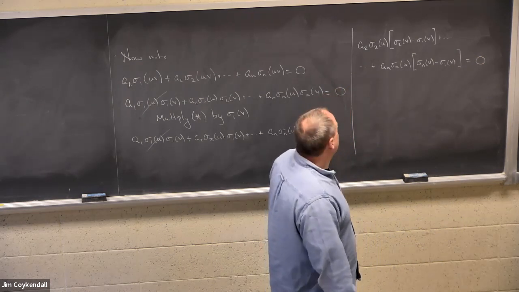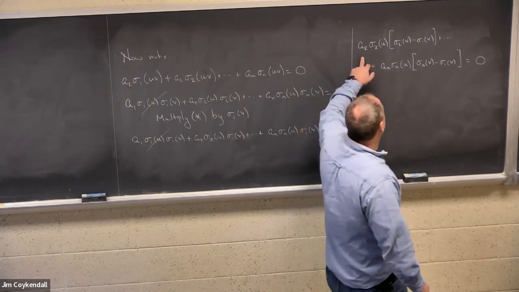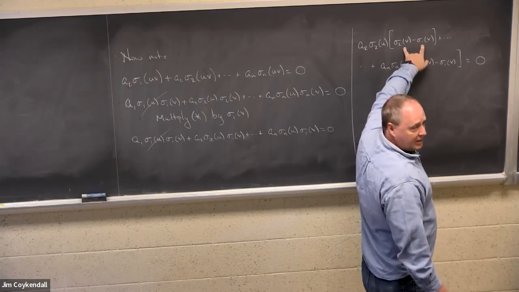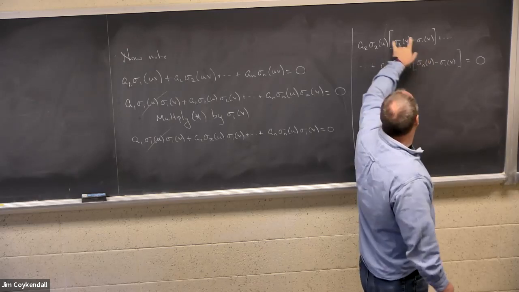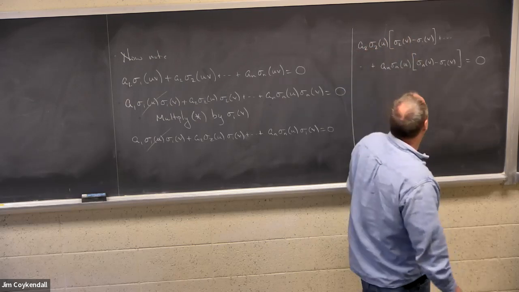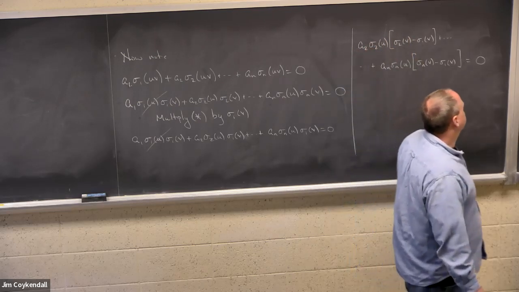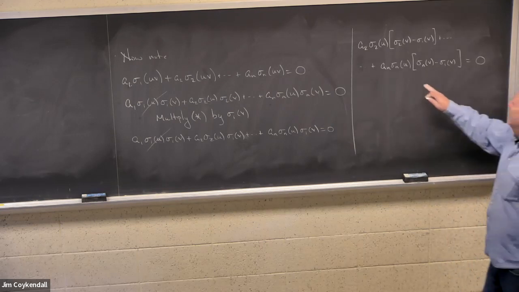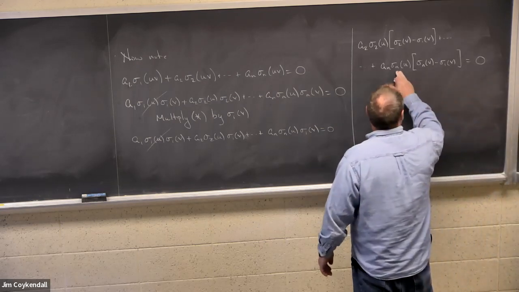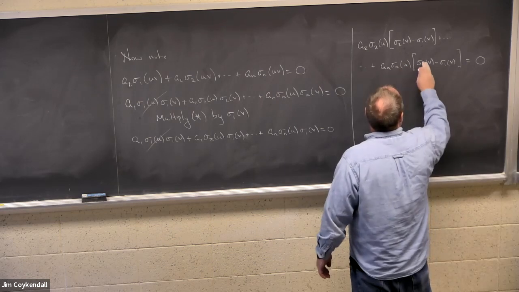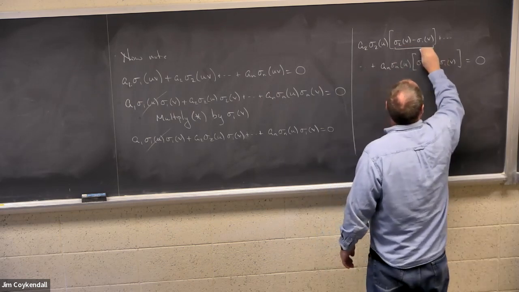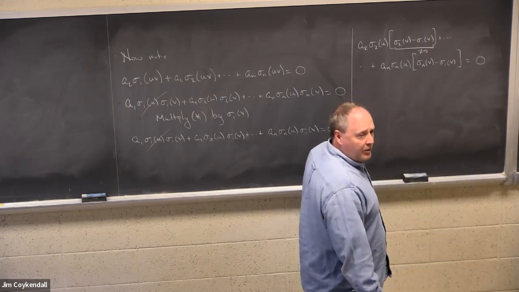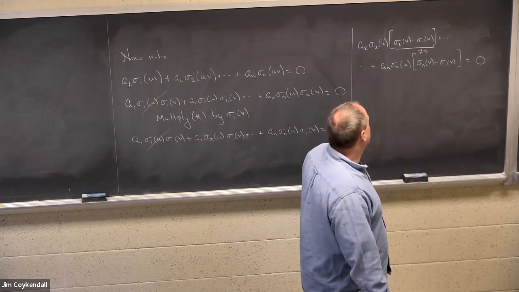Agreed? Now, let me point out something. Notice that the difference here, because this is an automorphism, is still in the field, and so it can be pulled up here. And notice that this one right here is not zero, because I assumed that sigma_1(v) and sigma_2(v) are different.